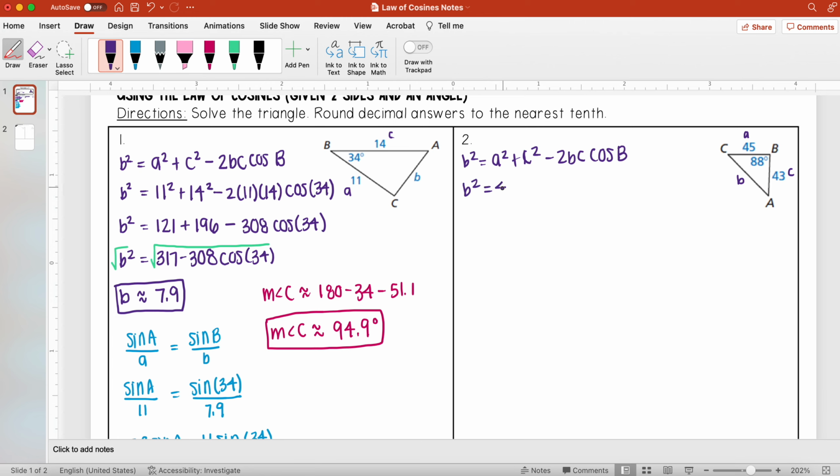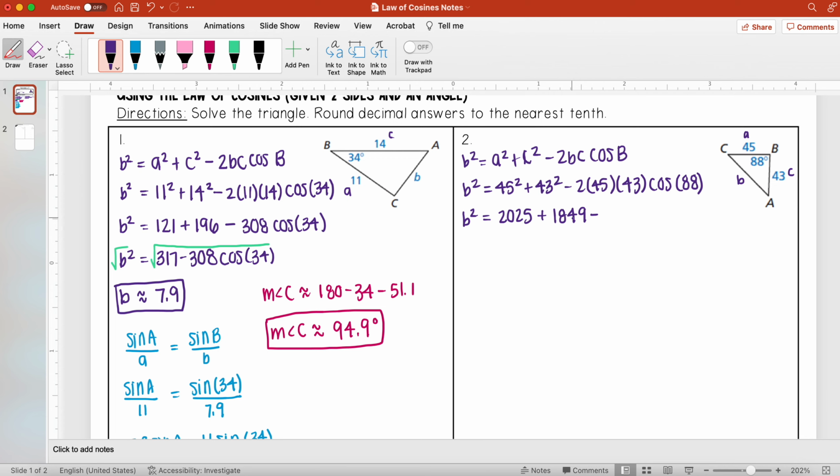A squared is 45 squared plus c squared is 43 squared. And cosine of 88. 45 squared, I get 2025. 43 squared, I get 1849.